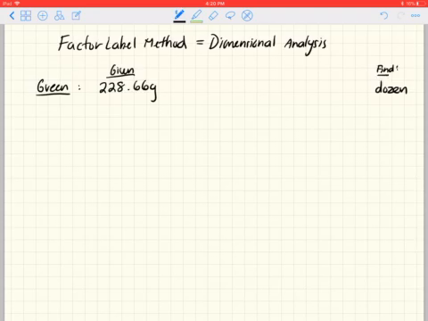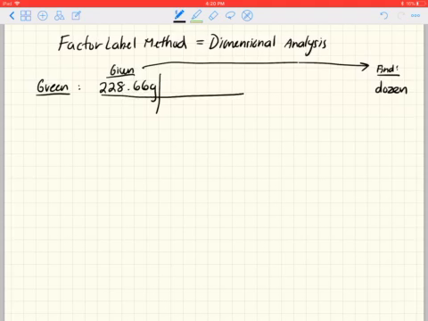So my end destination is to find the number of dozen peanuts I am dealing with. Between the given and the find, I have to utilize a series of conversion factors to lead me from one unit to another. So I'm going to set up my grid.